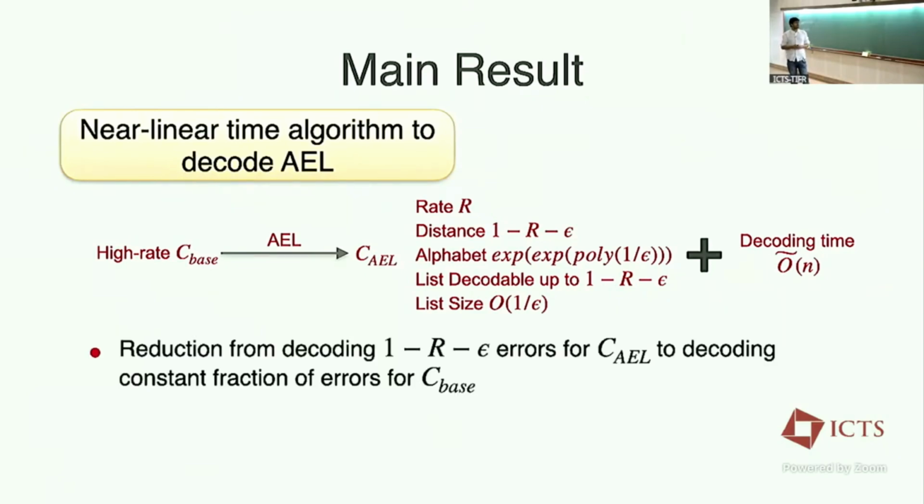And as is the case with a lot of decoding algorithms for AEL, it's actually a reduction from decoding the AEL code to decoding the base code. Just like it's an amplification for the distance proof, all the decoding algorithms turn out to be reductions from decoding the AEL code to decoding the base code. But base code decoding can be for an arbitrarily small constant fraction of errors.